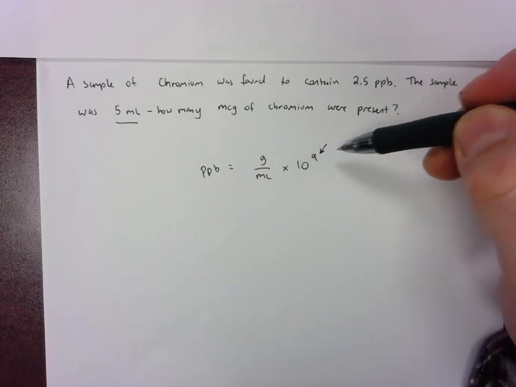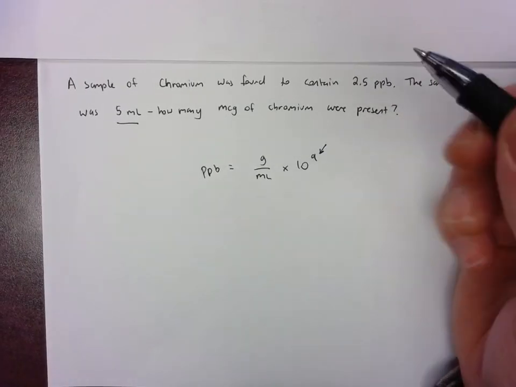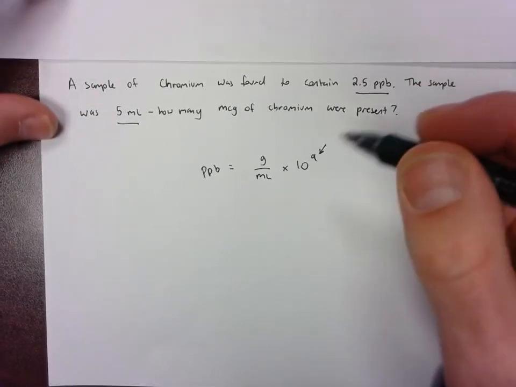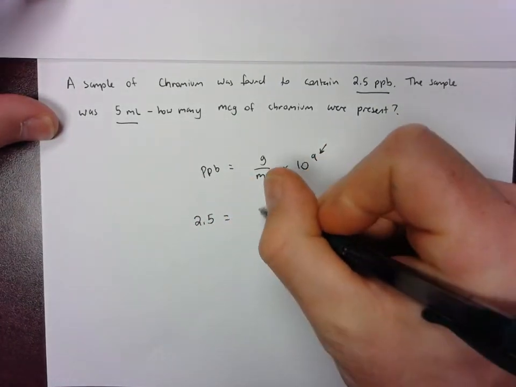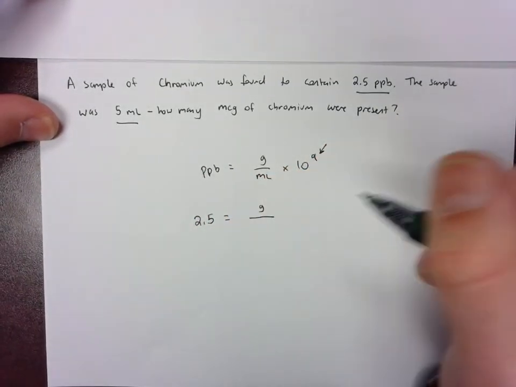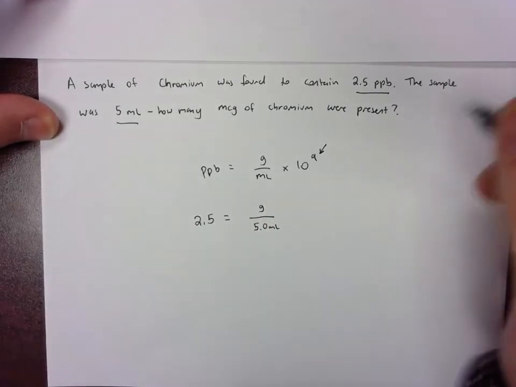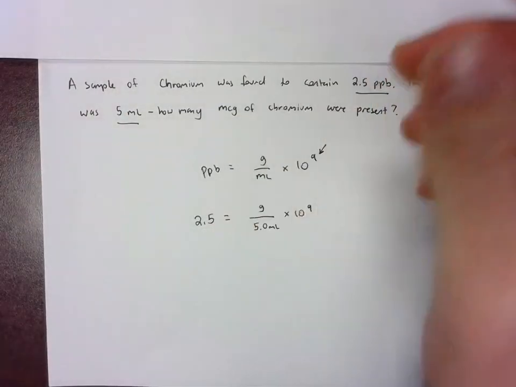For ppm it's 6, for ppb it's 9. So we're just going to fill in the numbers we have. We know our ppb and we know our milliliters. So I'm going to put 2.5 over here, and then I don't know my grams, but I do know that my sample is 5 milliliters. And of course I multiply by 10 to the 9th.